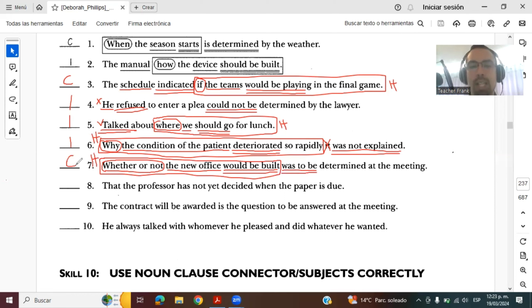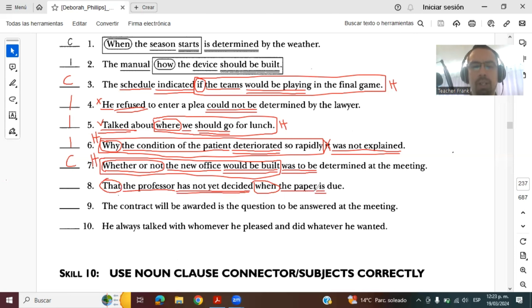Okay, let's look at number 8. That the professor has not yet decided when the paper is due. According to this, we have our connector here in the beginning, that the professor has not yet decided, is my verb structure. Who or what has not yet decided? The professor. Then we have another connector, and this is okay. But remember, if we have two connectors, how many verbs do we need? 3, right? Is due, who or what is due?